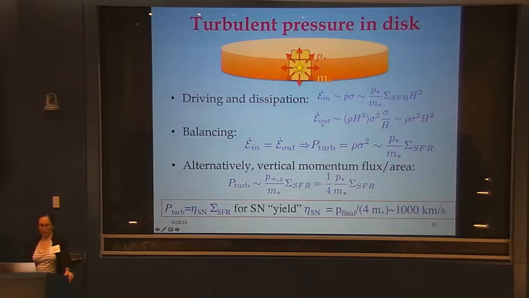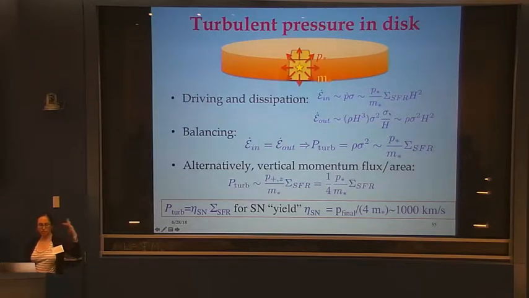Then the energy dissipation rate is just going to be how much mass there is times the velocity dispersion, and 1 over the crossing time, because the dissipation timescale is basically the crossing time. So just putting together all of the h's, you get this.